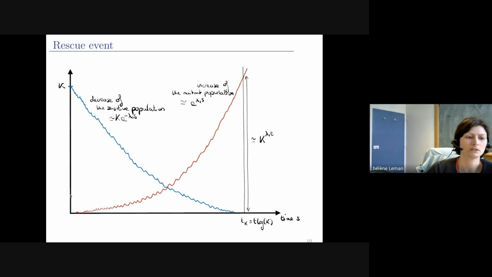At the same time, it's possible that a resistant mutation appears in the population, and this will give a new population that grows independently. We will study the population after a large time, which is of order T log K. Just remember that at this time, the size of the population is approximately K to the power lambda 1 T.